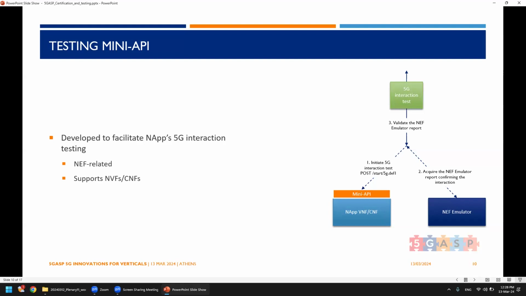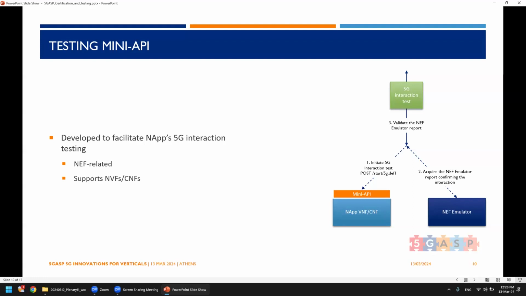And as you can see in this diagram, let's say there is a specific 5G interaction test that will trigger this test through the Mini API that sits on top of the network application, through a specific 5GASP de facto standard API. For example, trigger the first 5G readiness test, which is the authentication.